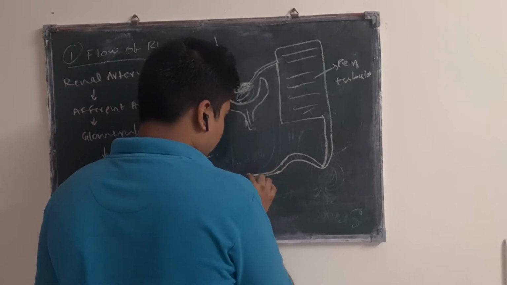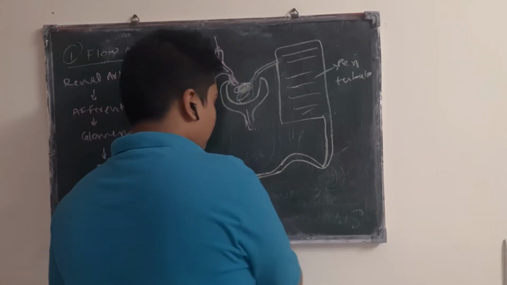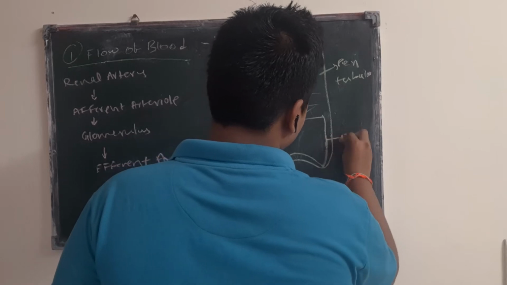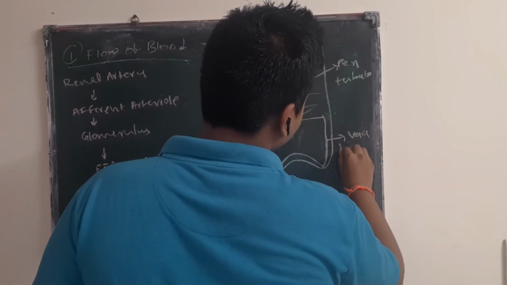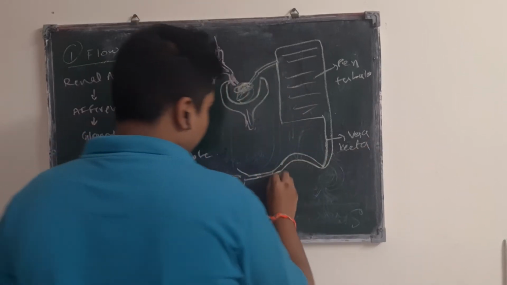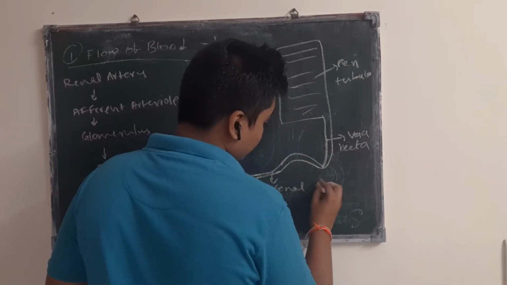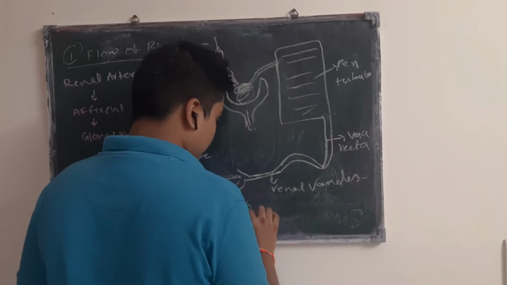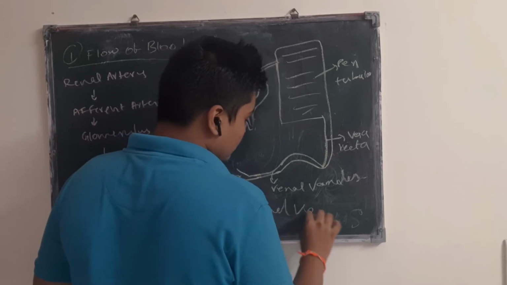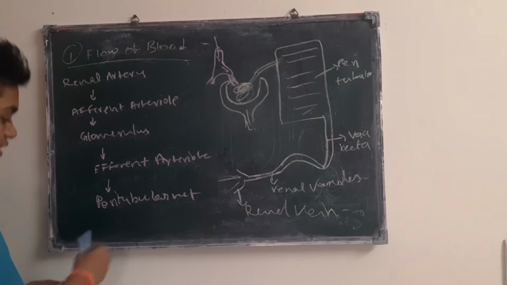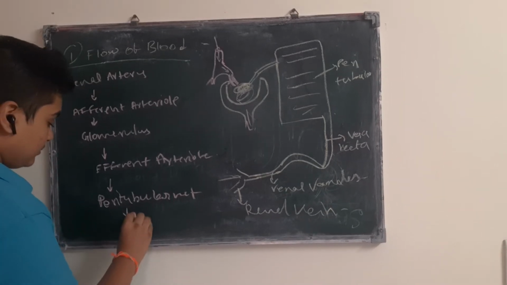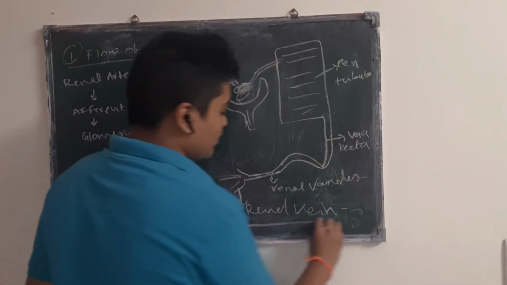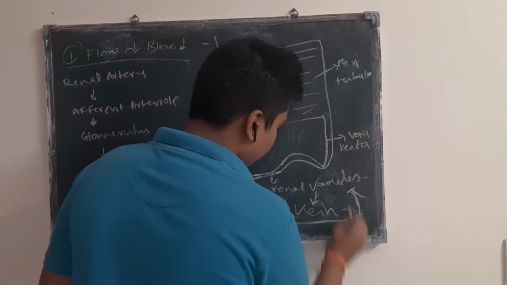Here are the renal venules, then the renal vein. After this vasa recta, renal venules, then renal vein.